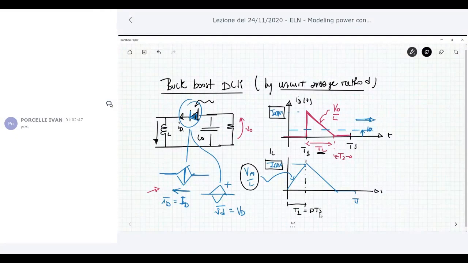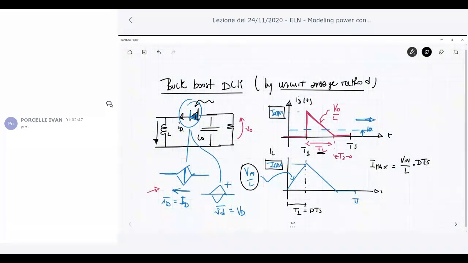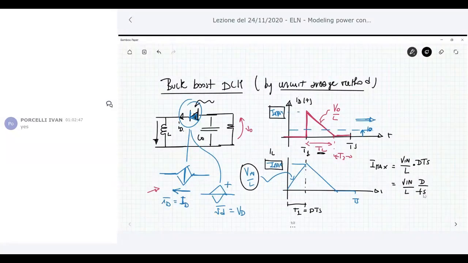So we can easily write that the maximum current is the slope, so Vin over L, multiplied by the duty cycle multiplied by Ts, so the time interval in which there is this slope. So Vin over L, we can put Fs instead of Ts. Okay, this is the maximum value. So we found this peak value of the diode current.